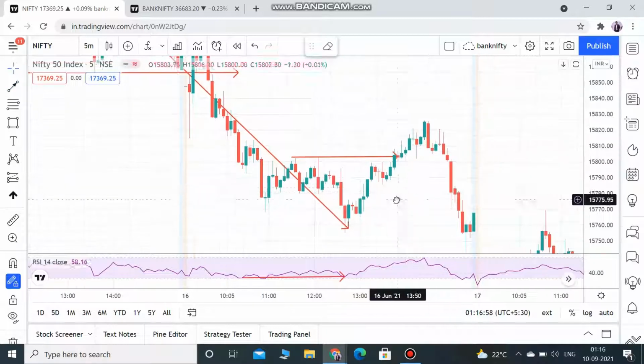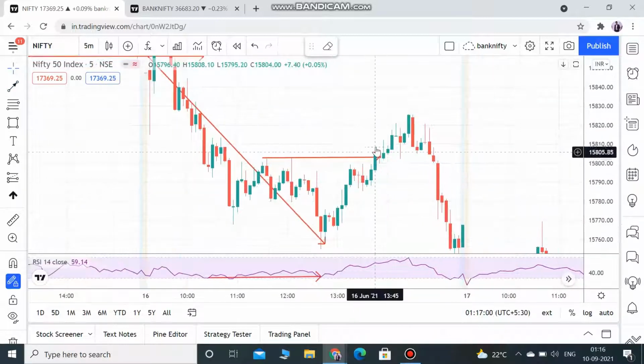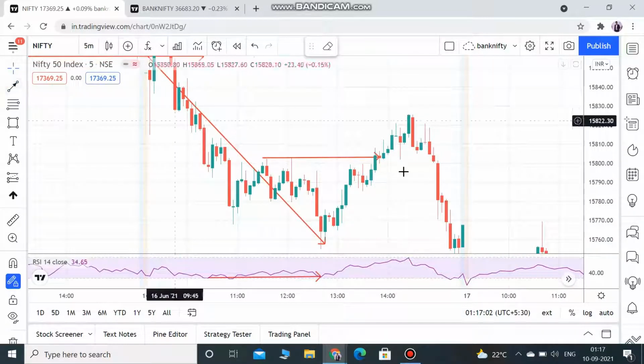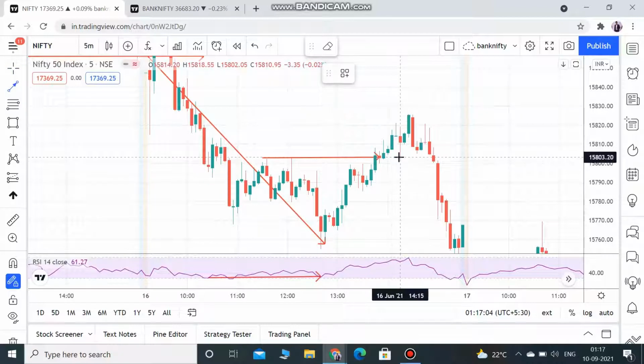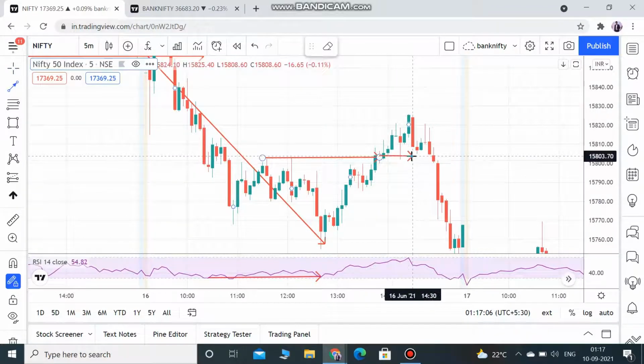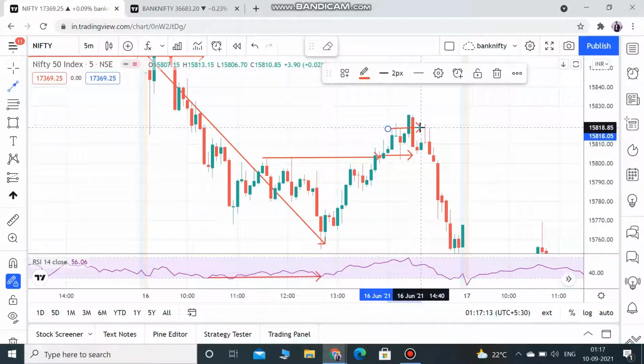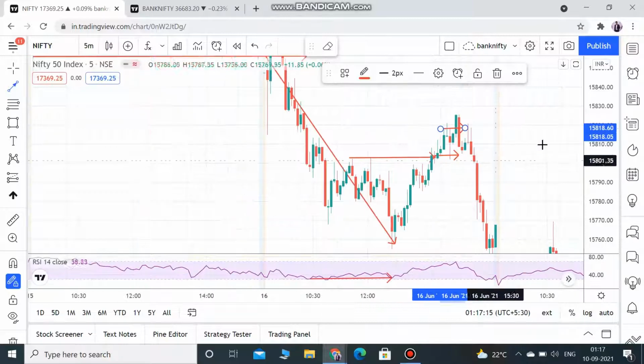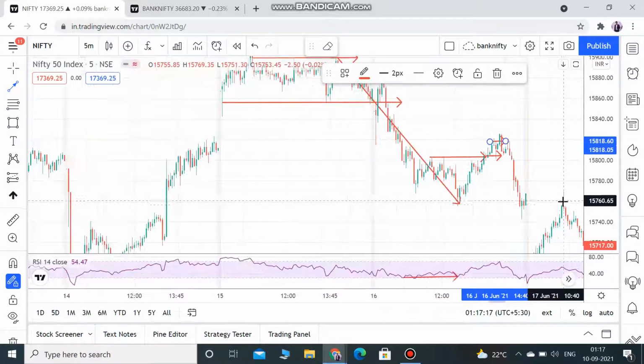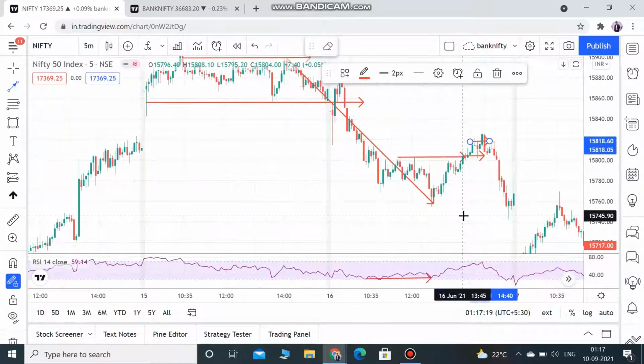Once it crosses, a higher high is formed, and then the higher low is formed, and it is respecting this level right here. Then again it crosses. So there's a break of structure here again, but our basic view is downside. We are waiting for the pullback right now.